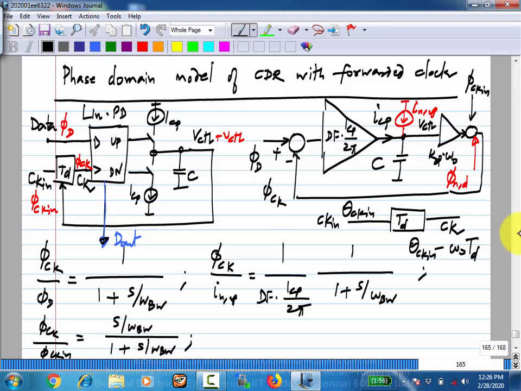Right? Now in reality, you will find that this is this plus some phi nd. So there will be some noise component to it. So that is the phase noise of the delay line. Is this okay? Any questions here?